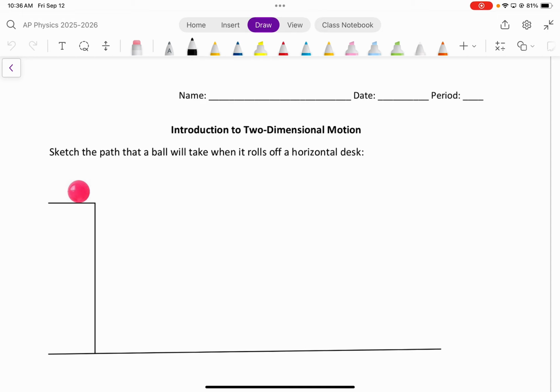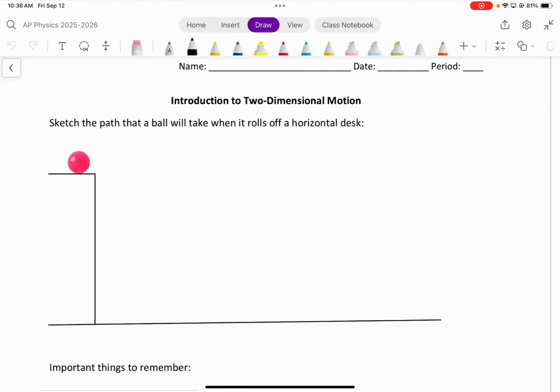All right, so when I look at the motion of an object that is moving up or down, or both, and forward in one direction at the same time, I have to evaluate the motion a little bit differently.